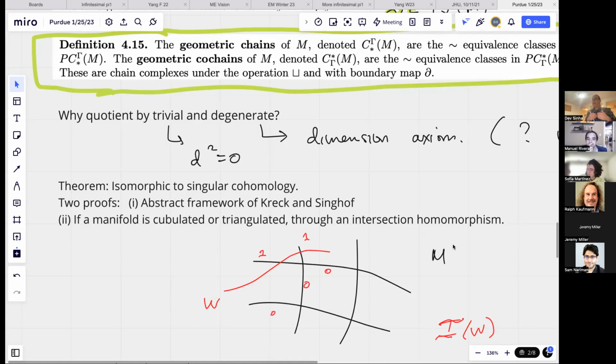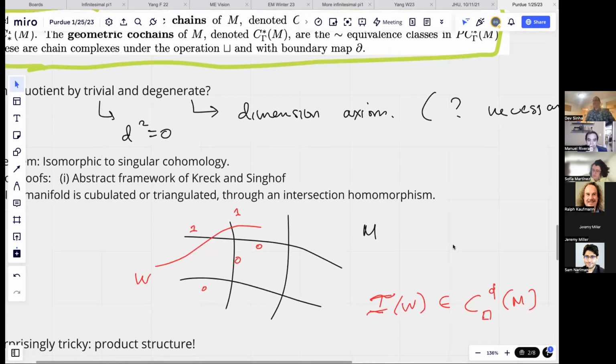So I of W is going to be a classical cochain in the cubical setting on M. Okay, does that make sense?